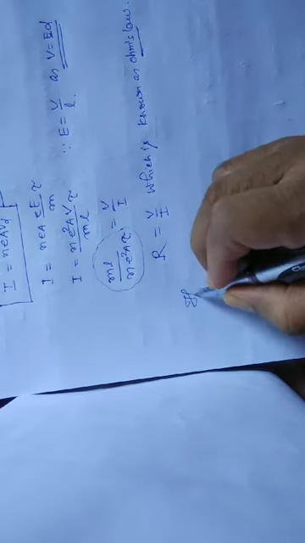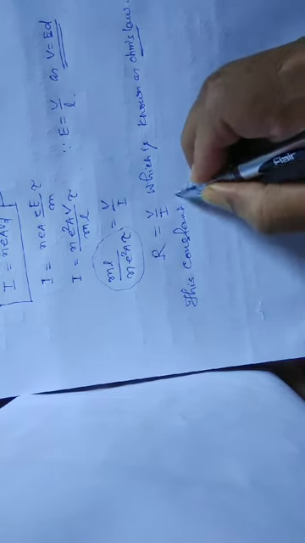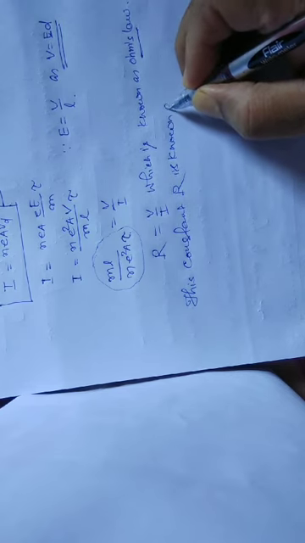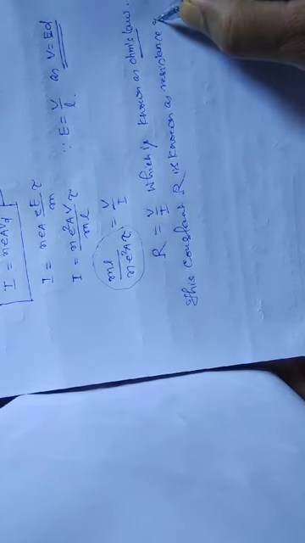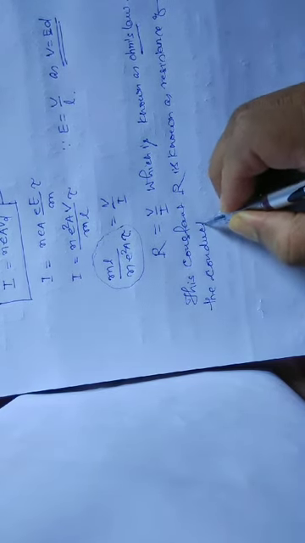This constant R is known as resistance of the conductor.